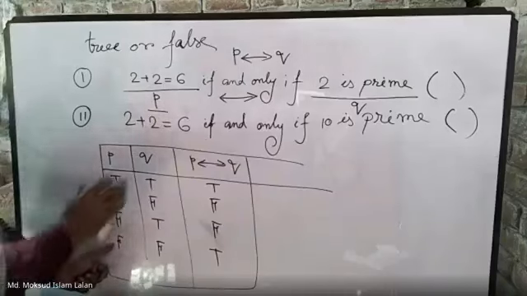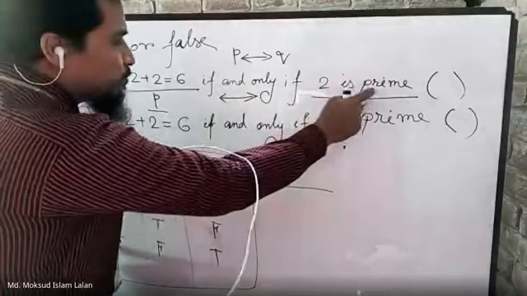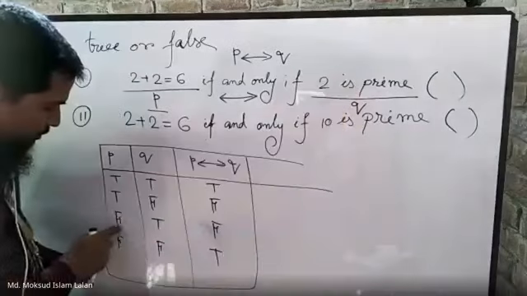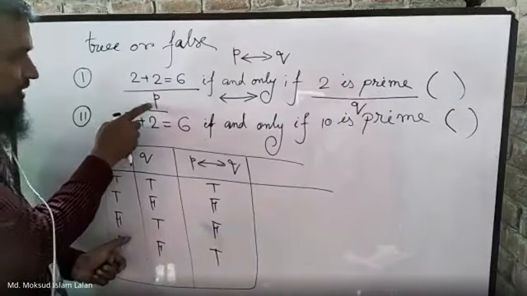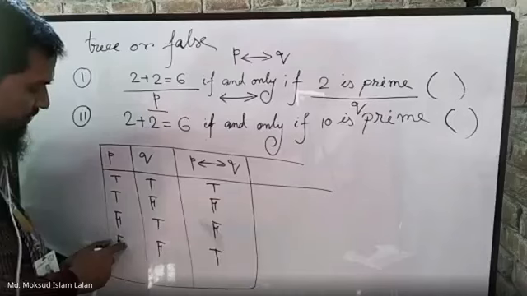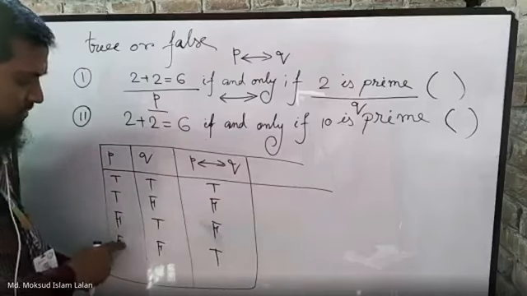So P we have done. 2 is a prime number. Is it true or false? True. So actually we cannot define, when you read this line, which one you can consider as P, this one or this one, which one you can consider as a truth value.